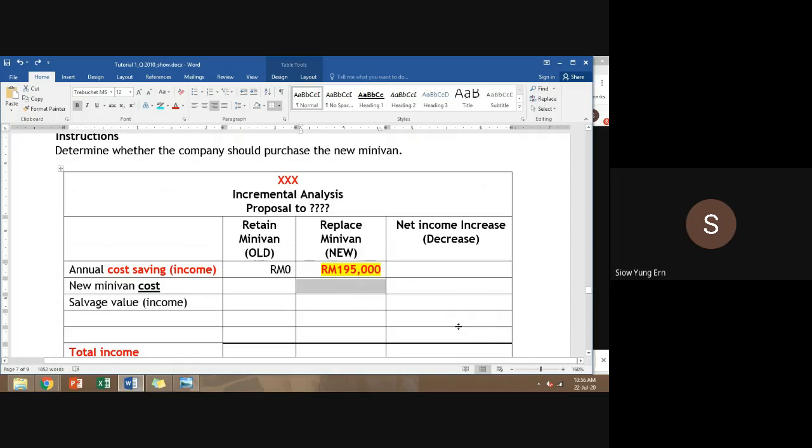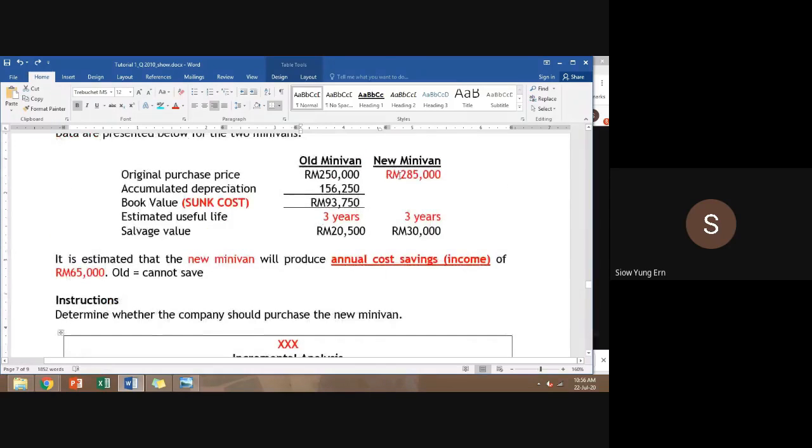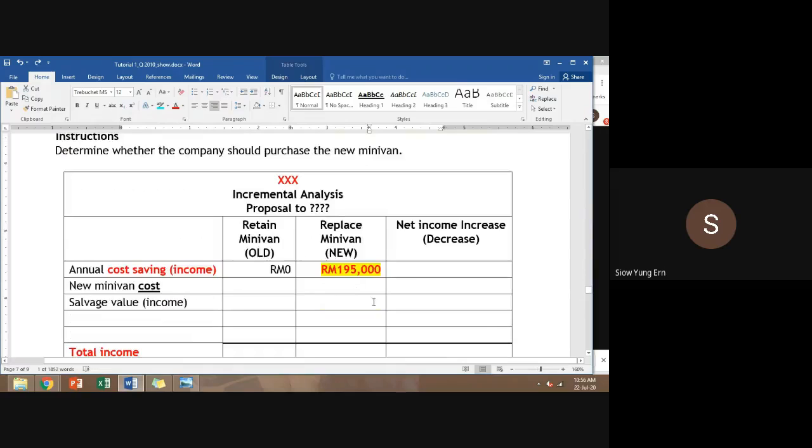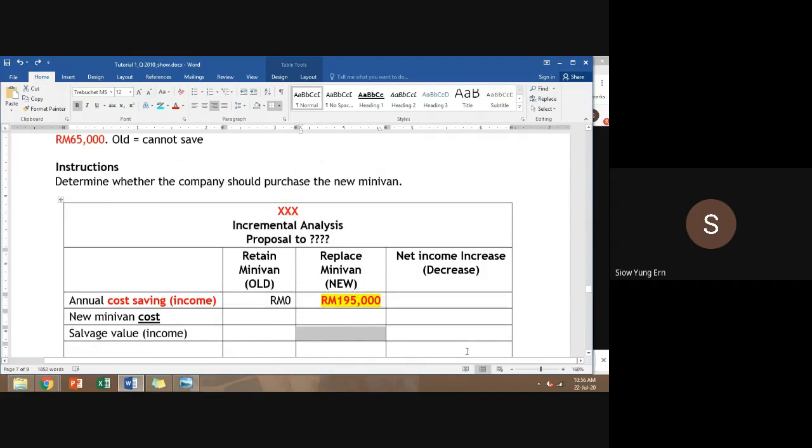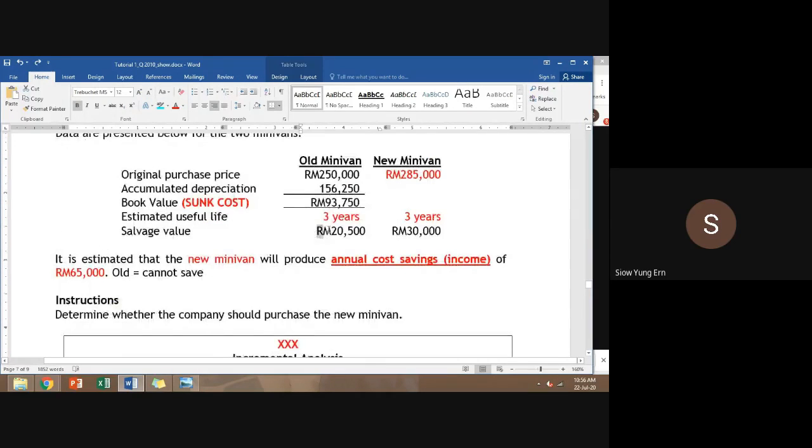Next one, your new minivan cost. Correct? 285,000. You can get it at the top here. New minivan cost. And last one, your salvage value. Which one do you sell? The old minivan or the new minivan?